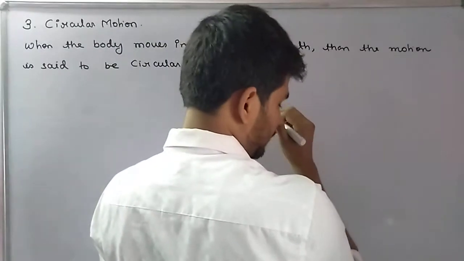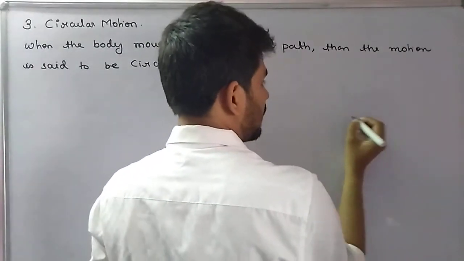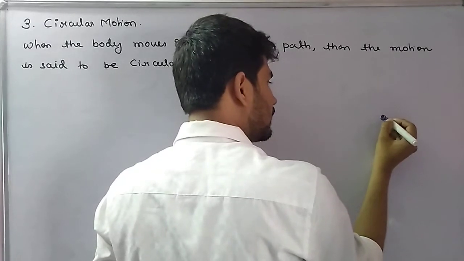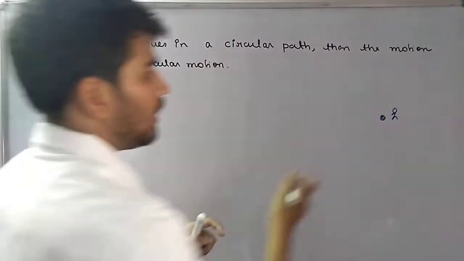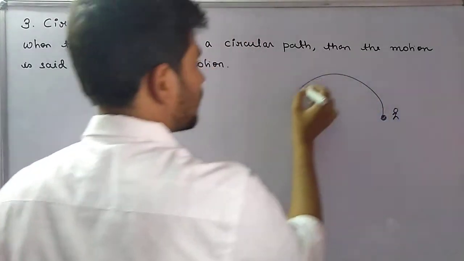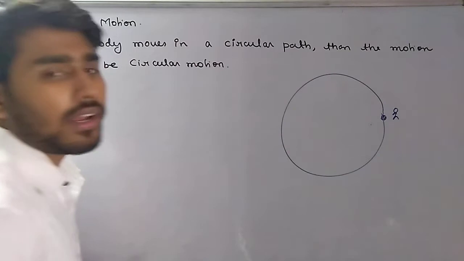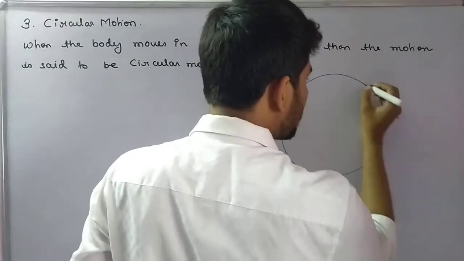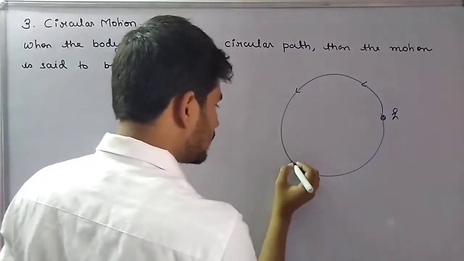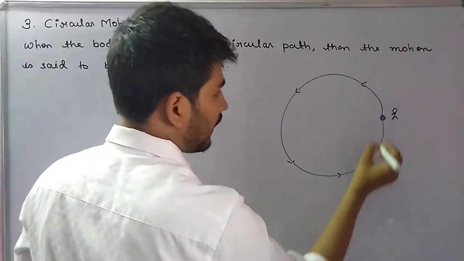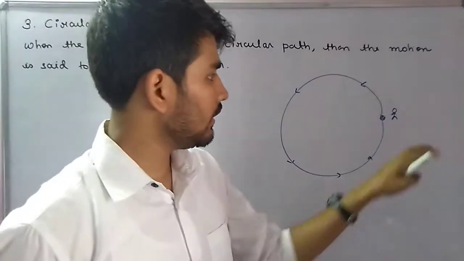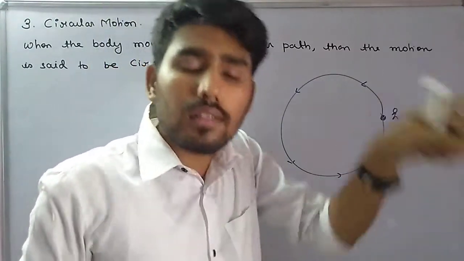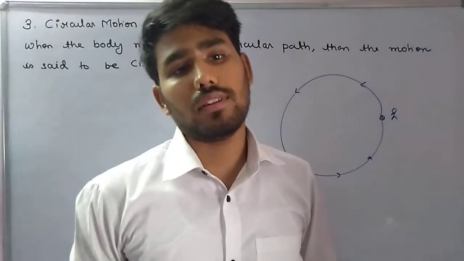Suppose this is you and this is a circular track, and if a person begins to run on this circular track, then we say this person is undergoing circular motion.